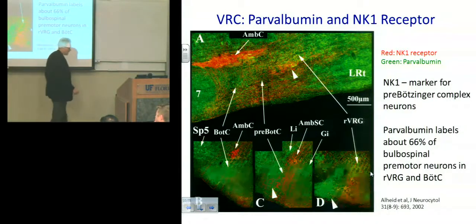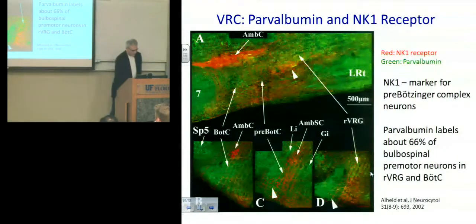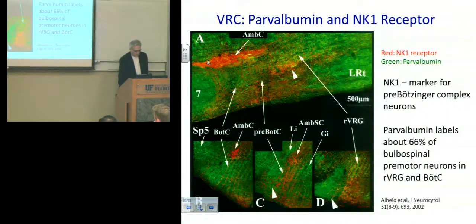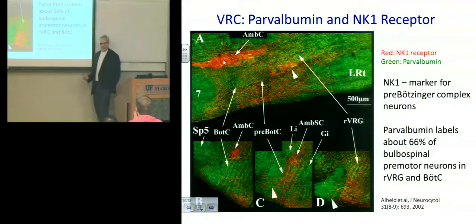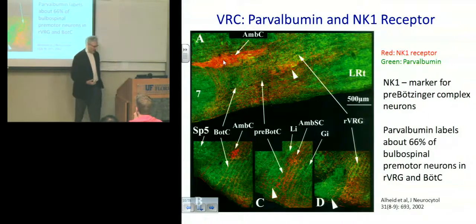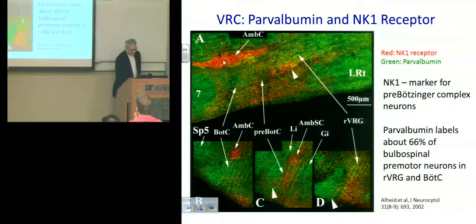So if we look at this slide, the top part is a parasagittal section, and you can see the compact division of the nucleus ambiguus, tons of NK1 receptors. It's certainly the densest NK1 receptor population in the neighborhood, by far. And the facial nucleus, pretty much devoid of it.